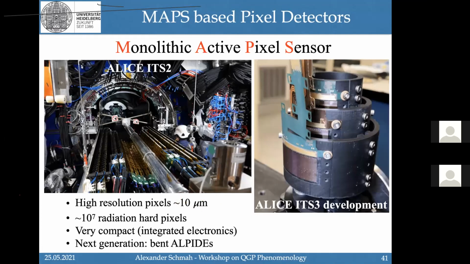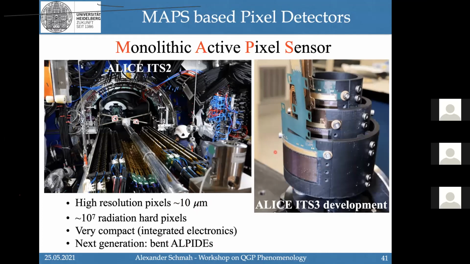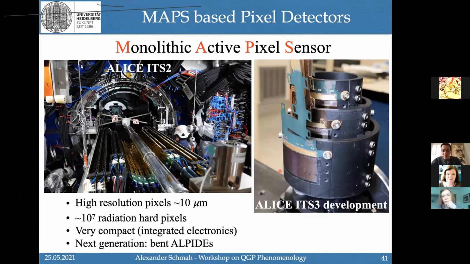This is actually needed for D0 reconstruction, for example. So the next step, and this is under development at the moment, is the so-called bent ALPIDE. So you bend those chips around a tube, and with that you can get, of course, a much more compact detector design and with a good coverage in your acceptance.